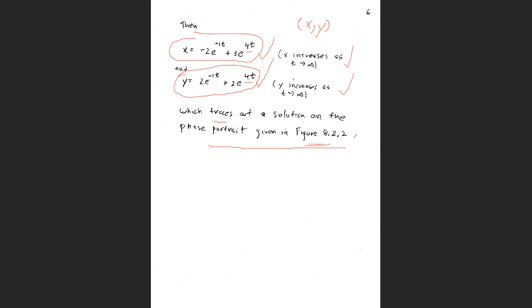So keep in mind, for our problem, initially at time 0, x of 0 was equal to 1, and y of 0 was equal to 4.